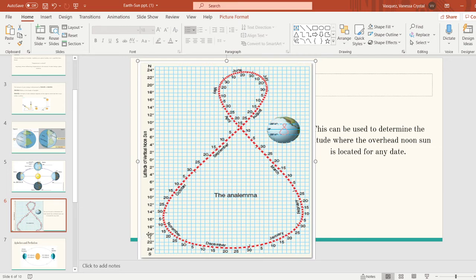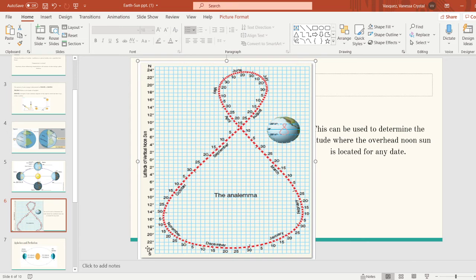So the main important lines that we know is that the Tropic of Cancer is located here between 22 and 24 degrees north. At 23.5 degrees north, that's the Tropic of Cancer.